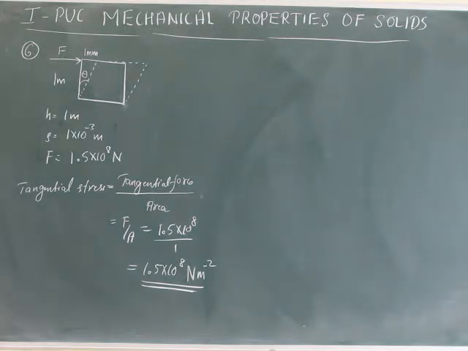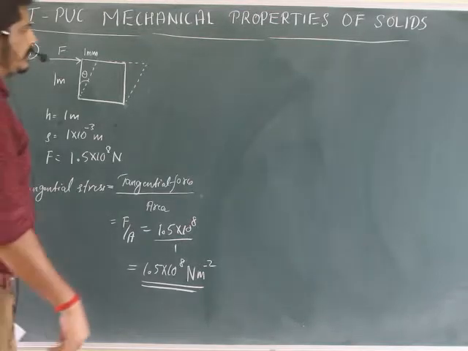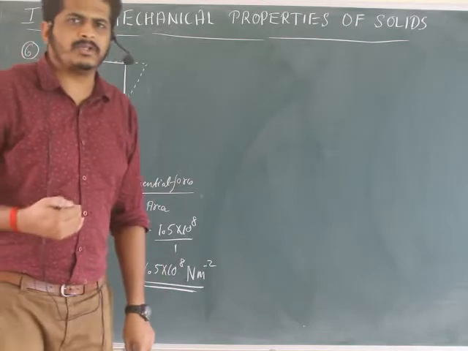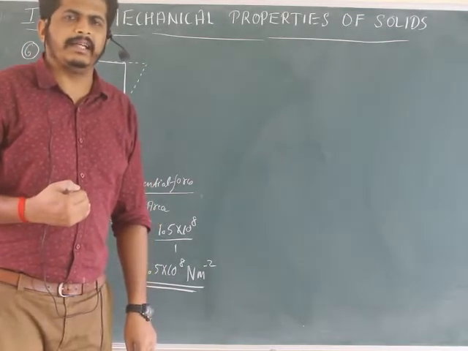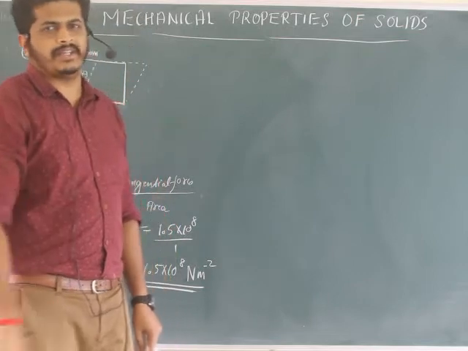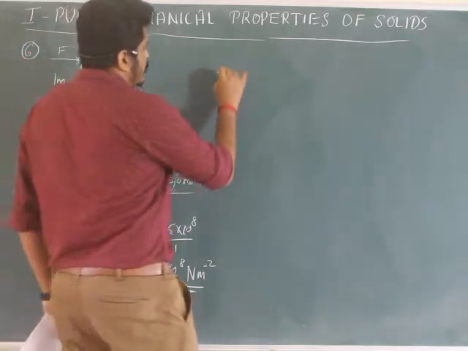So next, what is the rigidity modulus? That is the question. Young's modulus, you know, is longitudinal stress by longitudinal strain, correct? Like that, rigidity modulus means tangential stress by tangential strain. Am I right? So let us write that down.